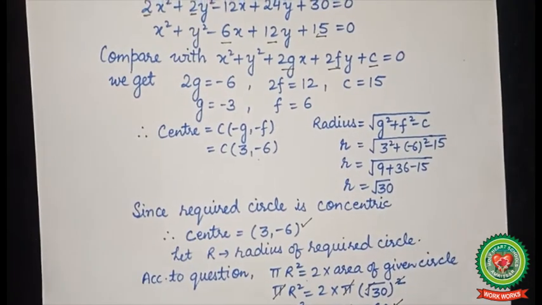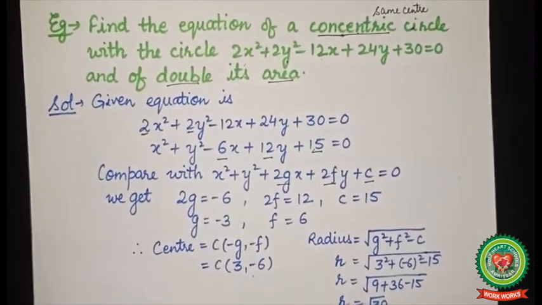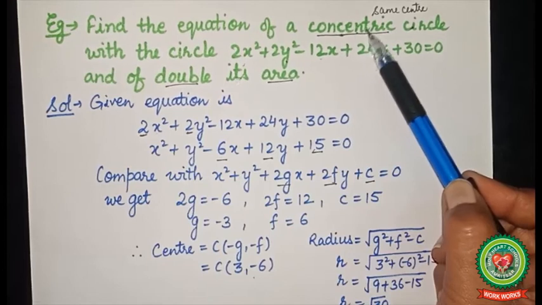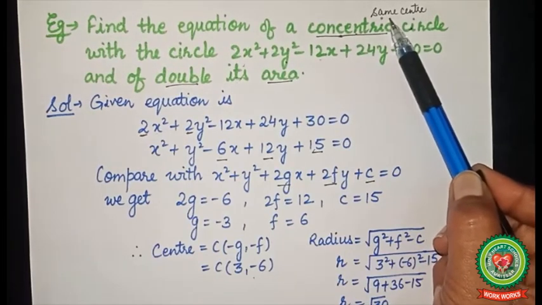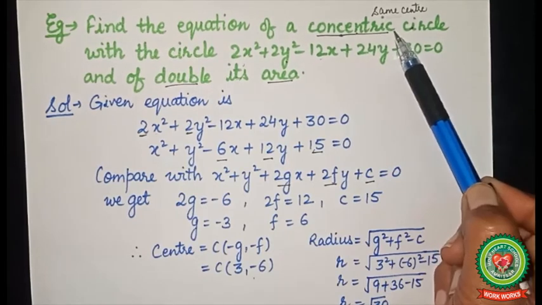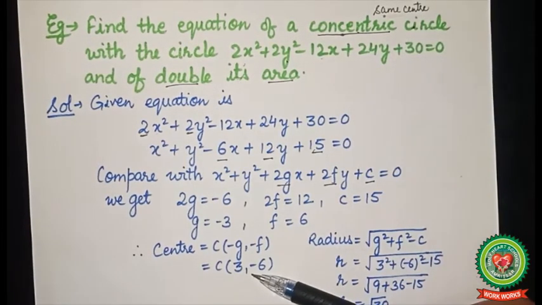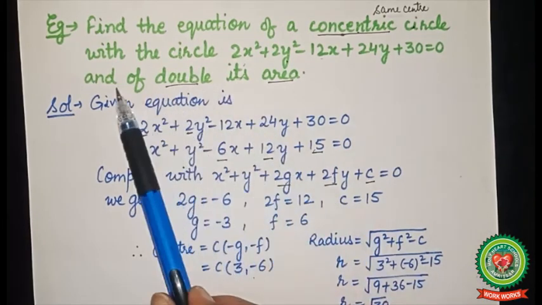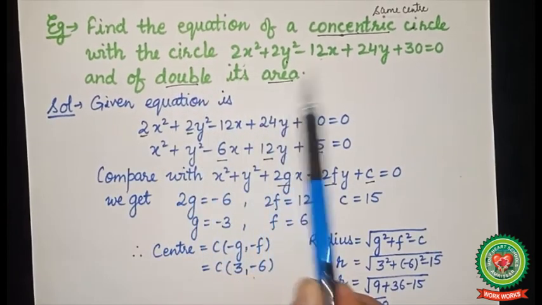Now, according to the question, we have to find the equation of the concentric circle. Concentric circle means center is the same. So the equation of the required circle has the same center, so we will use the same coordinates. Now look at the second condition, that is of double its area.